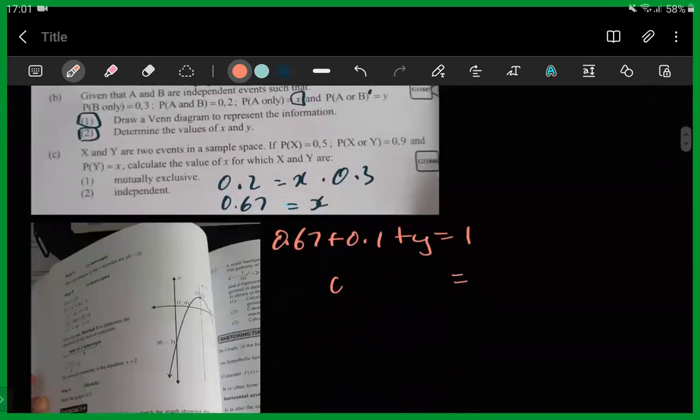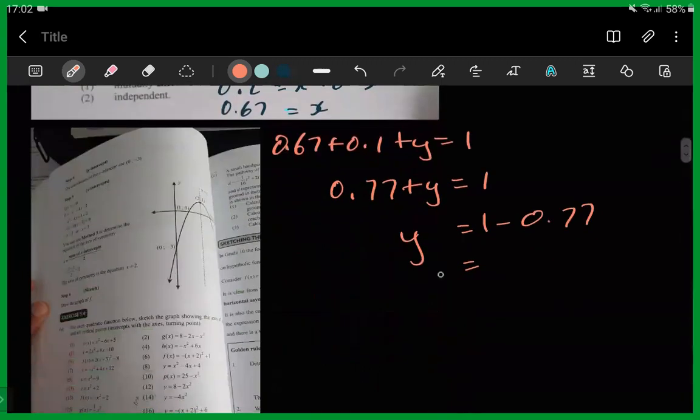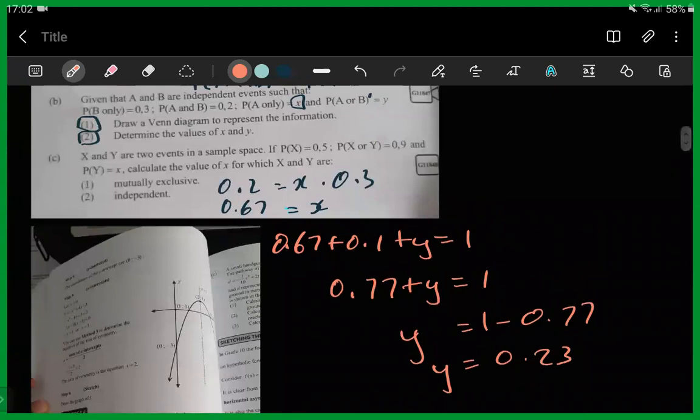So this is going to be 0.77 plus y equal to 1. 1 minus 0.77 gives 0.23. Okay. So that's your y, that's your x. What's the next one?